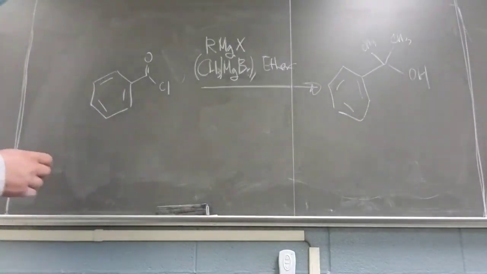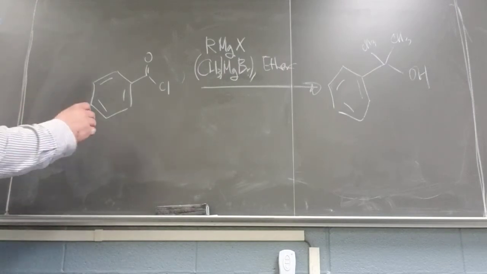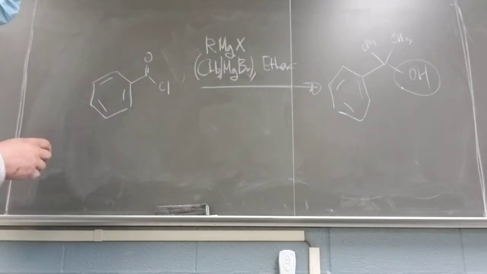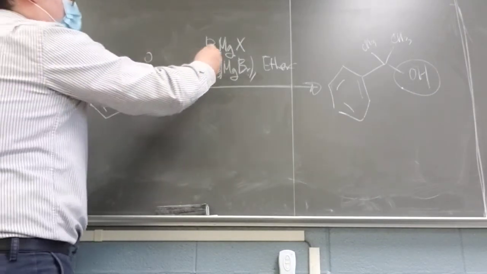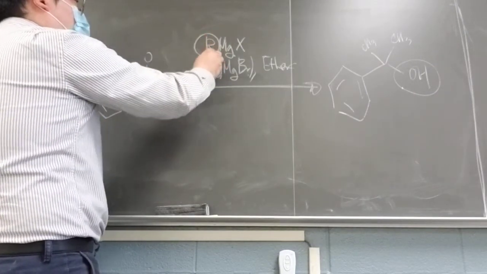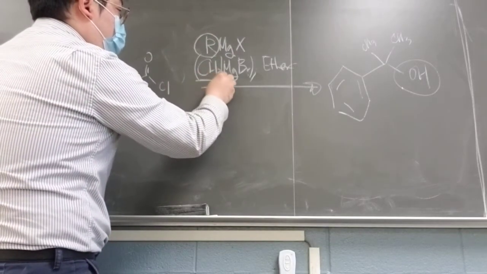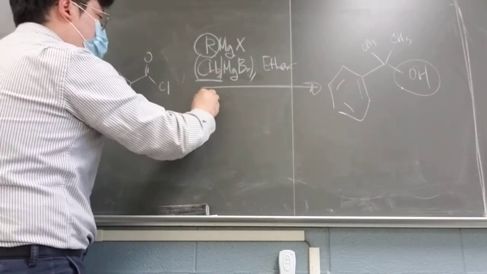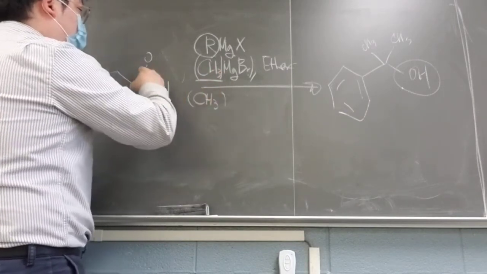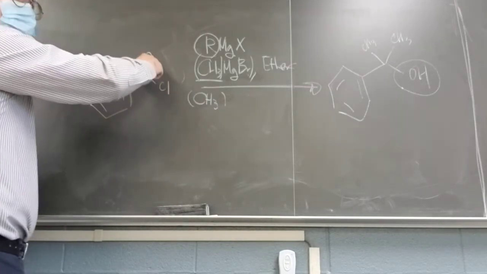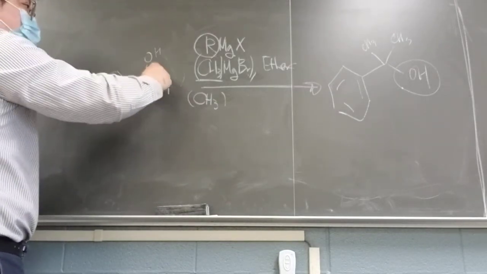So the only difference from the previous one is you keep this protonated carbonyl group over there. Instead of the hydrogen, you're adding R groups from your Grignard reagent. Okay. So if you look at this one over here, which is your R methyl group, add it twice over here by replacing the hydrogen group.